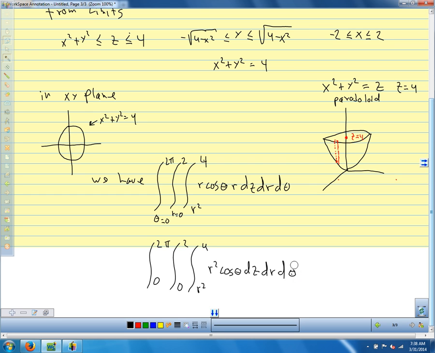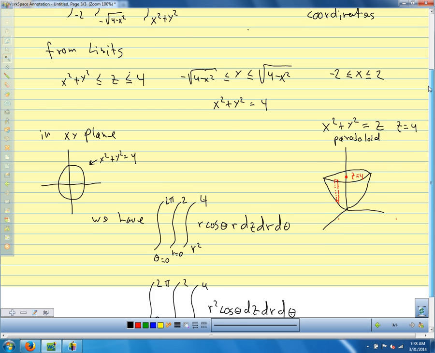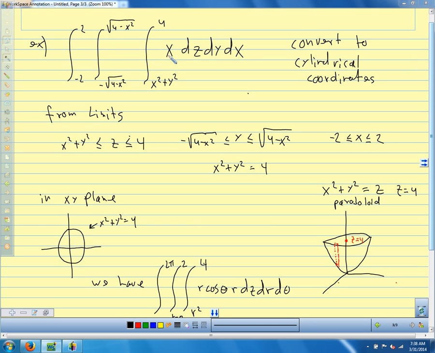But let's look at this integral for a second. We have the integral of x dv. What does the integral of x dv represent? We're multiplying our volume element, dv, by x.